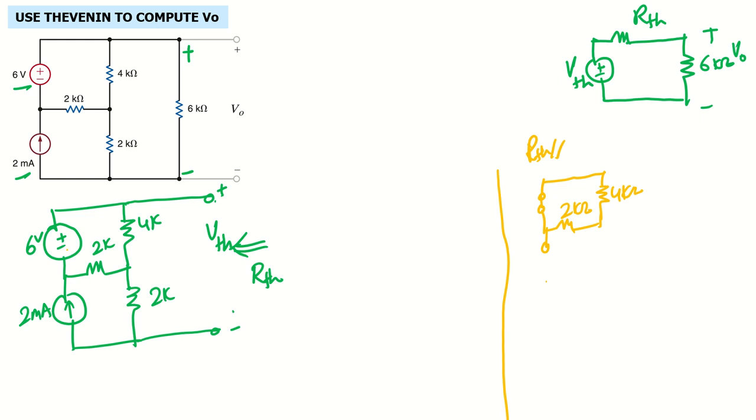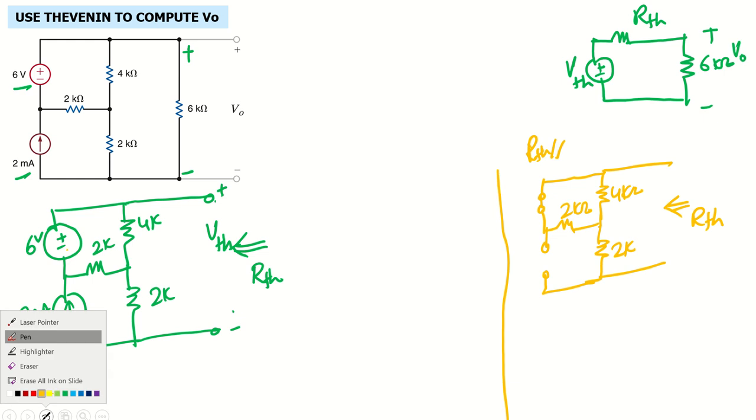The current source becomes an open circuit, and we have this 2K here, and we want to find the resistance looking from this end of the circuit. Remember, a voltage source is always a short circuit, and a current source is always an open circuit.